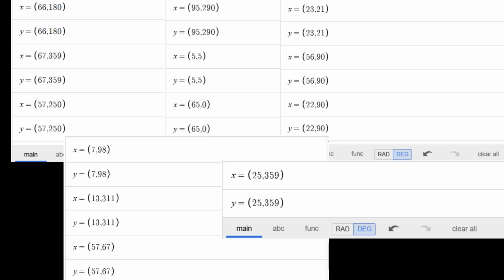A number? Just one? One number. 25. And then name another number between 1 and 360. 359.